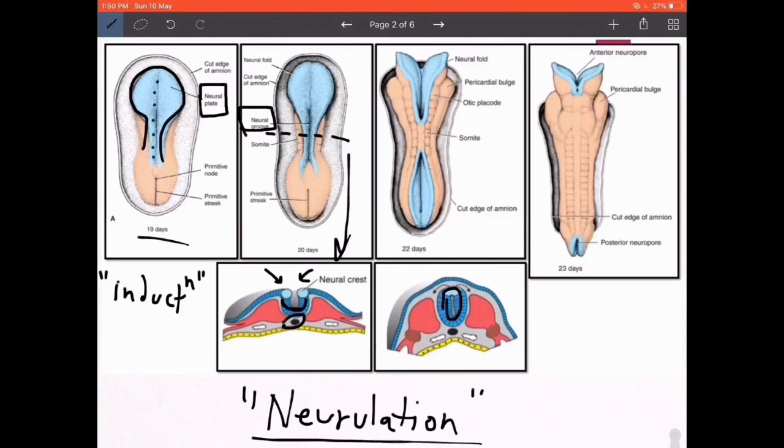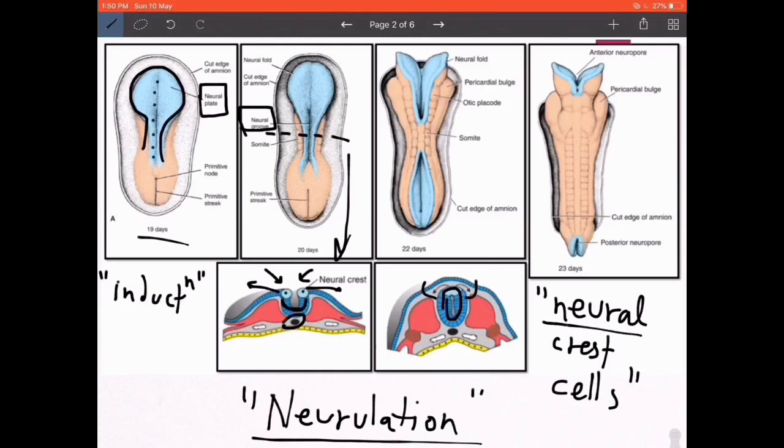And while neurulation happens, a couple of cells lying on the crest here are budded off dorsolaterally, as you can see with these arrows, and these are known as the neural crest cells. Now I'm not going to be discussing more about the neural crest cells right now. We'll have a nice little slide on them when we discuss the systemic embryology or the development of the central nervous system.